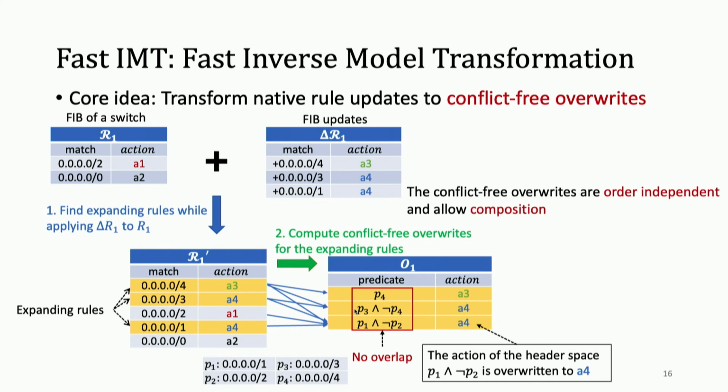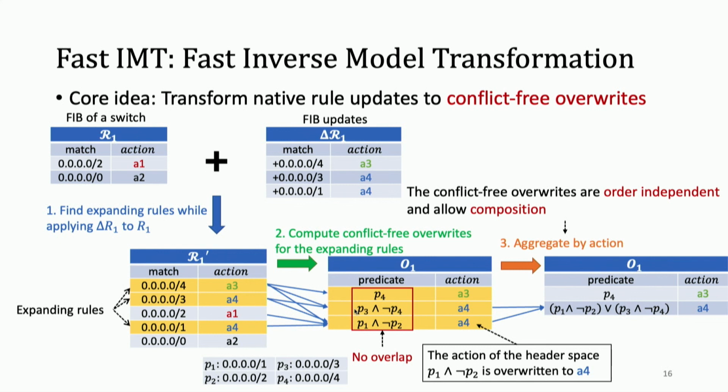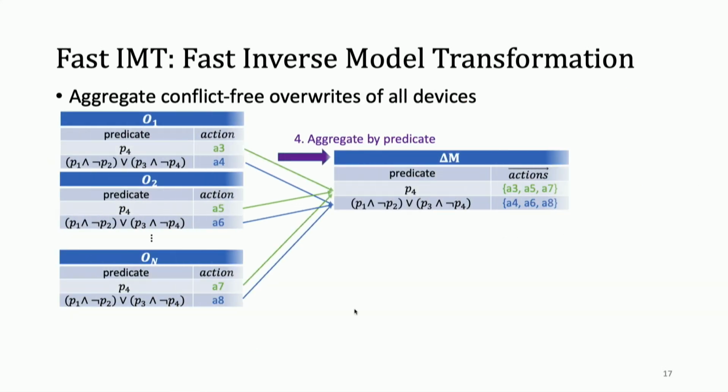The conflict-free overrides are order independent so that it allows composition. For example, we can aggregate by action so that for this switch, we end up with two rules by composing the last 2 actions that have the same A4 action together.